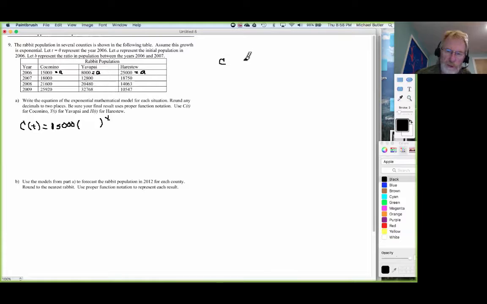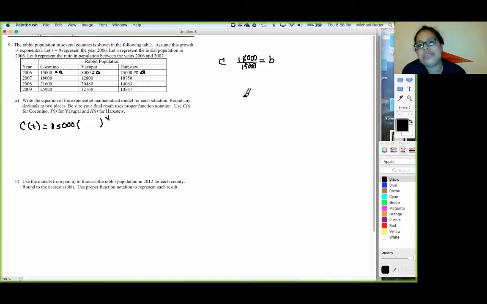So for C, for Coconino, we would take 18,000 divided by 15,000, right? And so that's what your growth rate B is going to be equal to. So what's that come out to? 1.2. Okay, cool. All right.